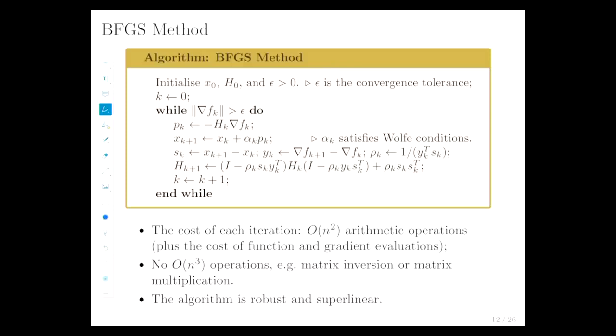We don't have any n cubed operation because we are not inverting any matrix, and we are not multiplying matrices. The algorithm is numerically robust. It's an empirical observation. And if it converges, it will converge superlinearly fast. It's nice.